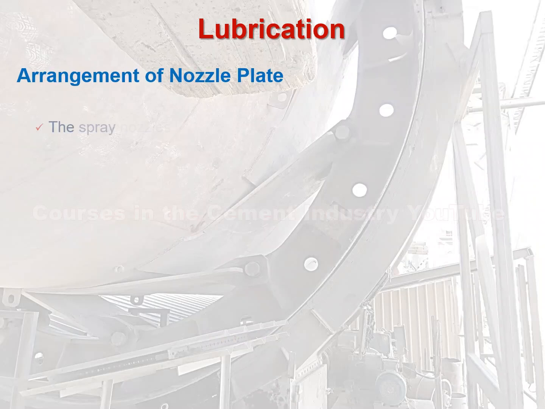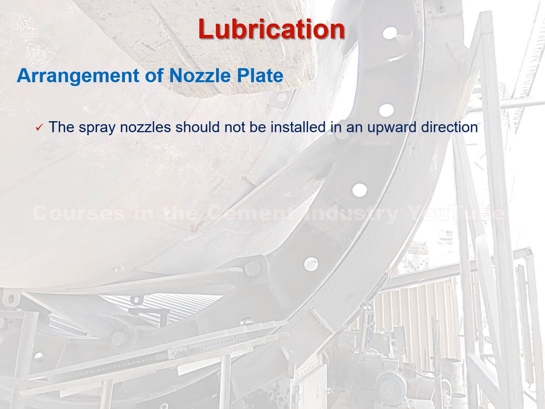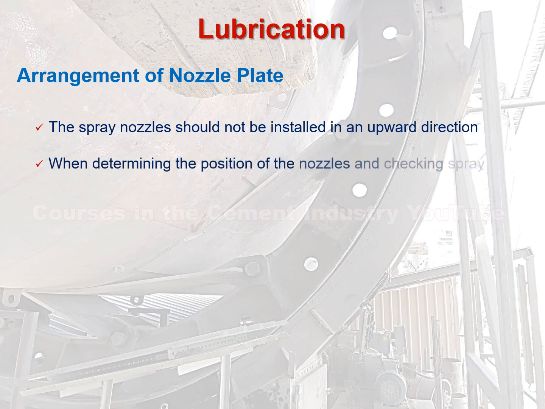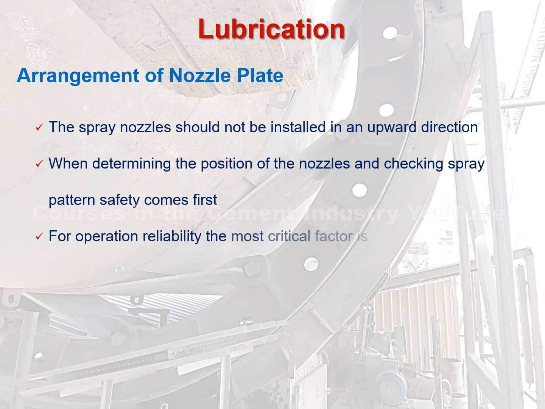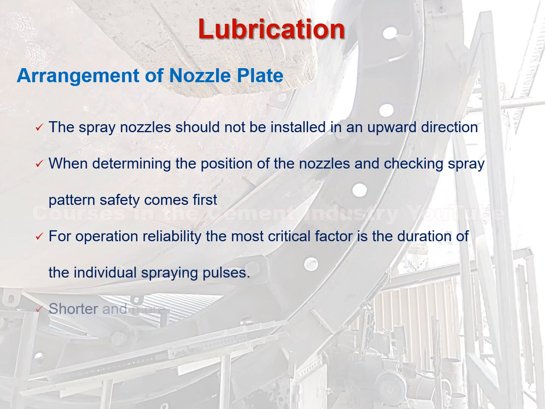The spray nozzles should not be installed in an upward direction. 2. When determining the position of the nozzles and checking spray pattern, safety comes first. 3. For operation reliability, the most critical factor is the duration of the individual spraying pulses. 4. Shorter and more frequent spray cycles.